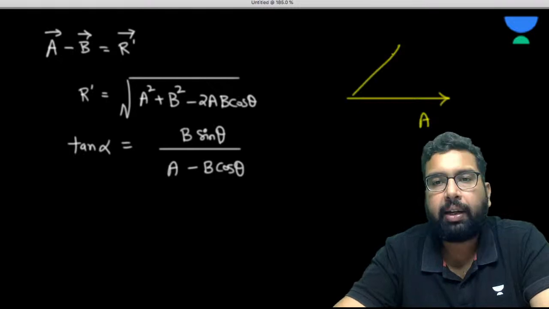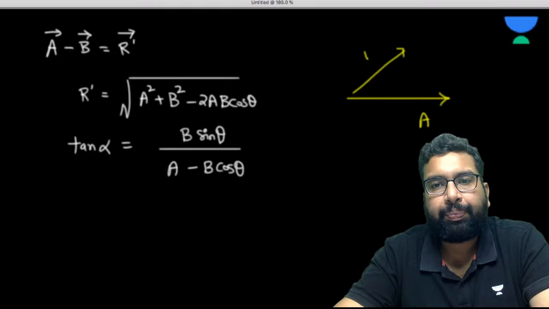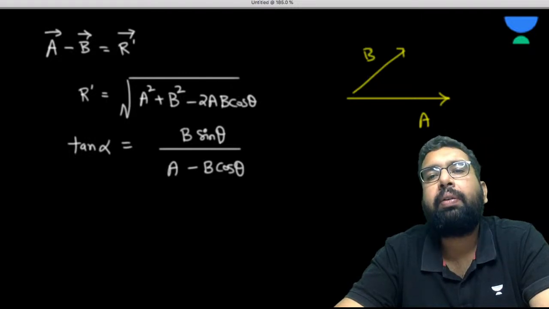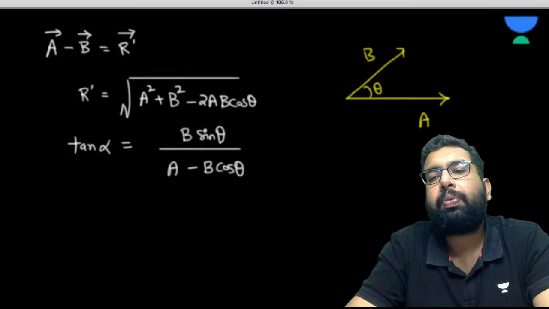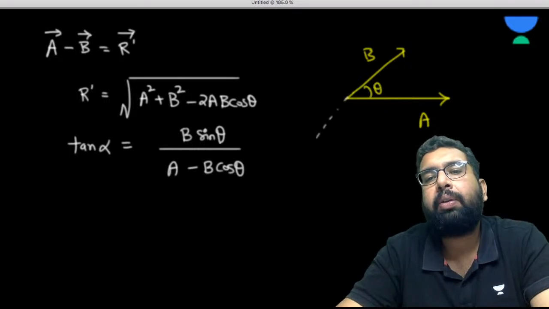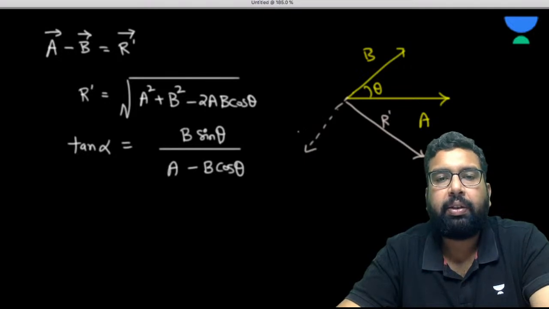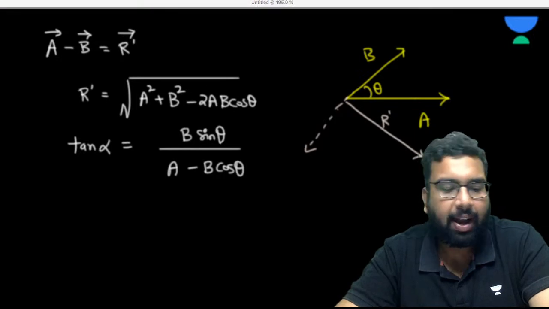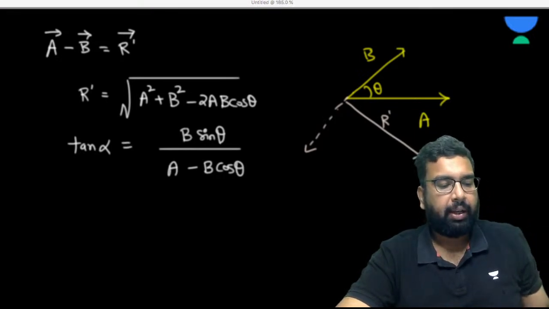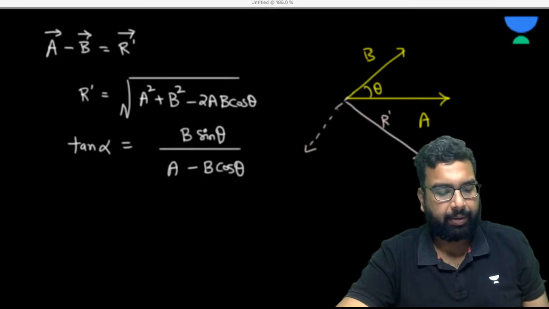I hope you remember that now. Theta is the angle between the vectors A and B. If we are subtracting these two vectors, the resultant we are talking about is this R dash vector.